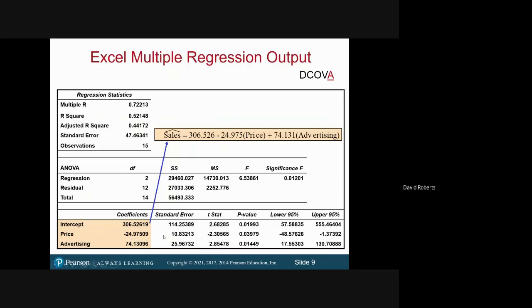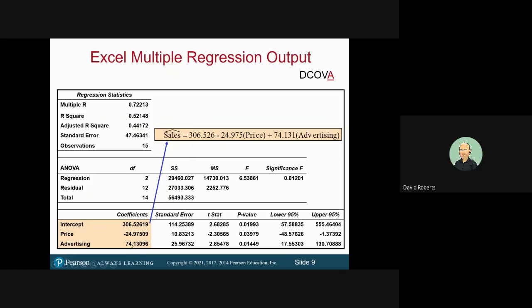So for every change in the price, it reduces the number of sales by 24.97, about 25. But for every, I believe it was hundreds of thousands of dollars, for every hundreds of thousands of dollars we spend in advertising, it causes the number of pies sold to go up by 74.